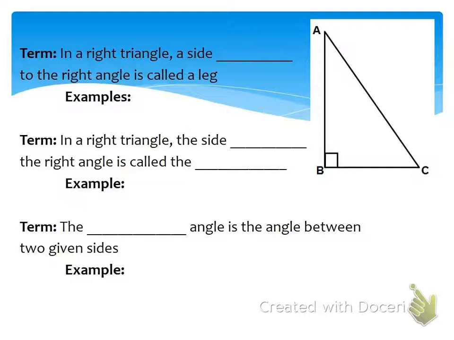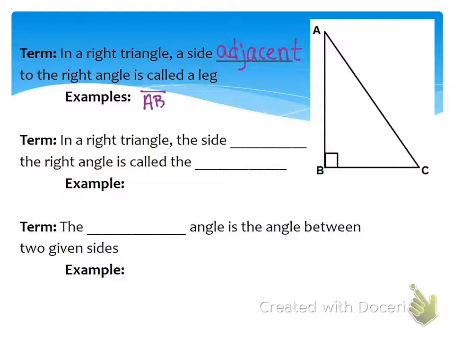Before we get into our new postulates and theorems, we need to talk about how we describe these figures. In a right triangle, a side adjacent, or next to, the right angle is called a leg. Given this diagram, triangle ABC, what sides would be legs?